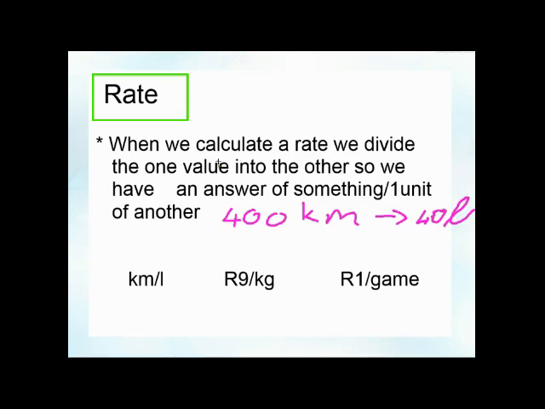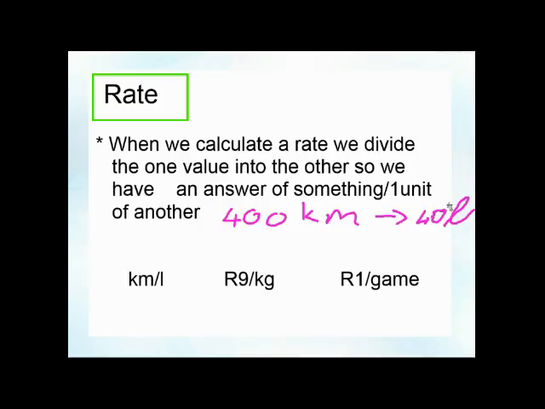Okay, so when we calculate rates, we take the values given and we divide them into each other so that we end up with something per 1 unit of another. So if we have kilometers per liter, it would be an amount of kilometers like 500 kilometers per 1 liter of petrol. So the question would probably go like, okay, Peter drove 400 kilometers and he used 40 liters of petrol.